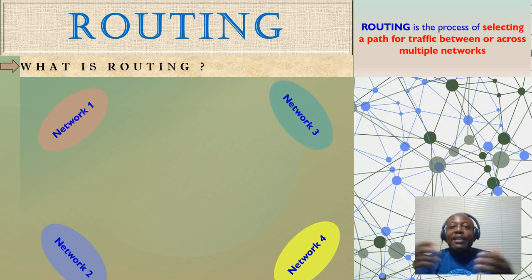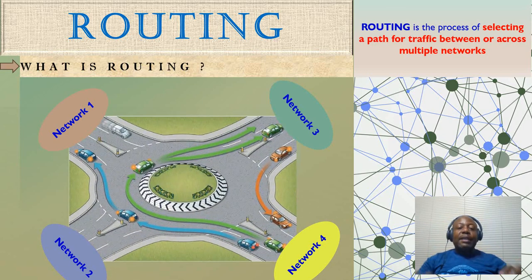They need a mechanism to go there. That's why we will build this infrastructure between those networks that is going to permit traffic from one network to go to the other one, depending on the need.